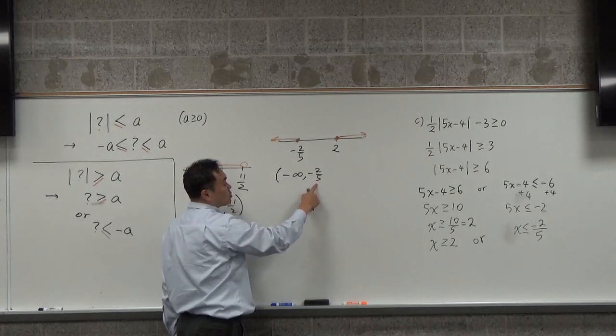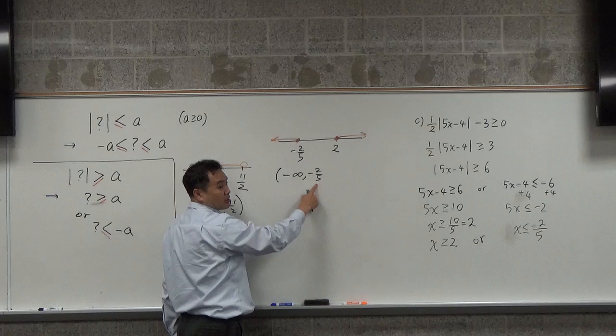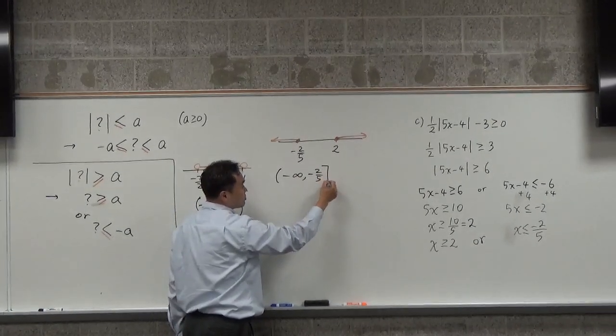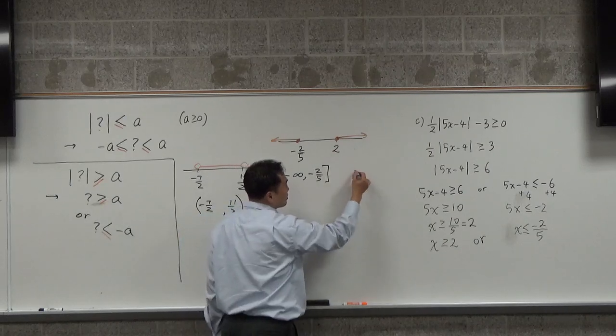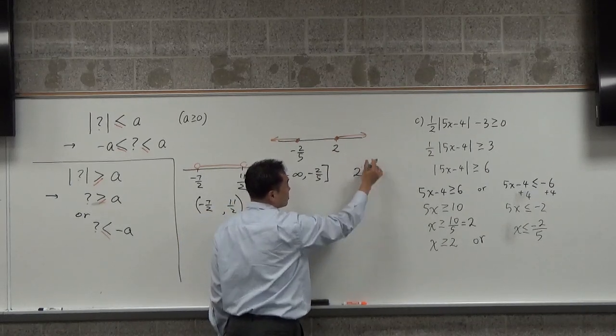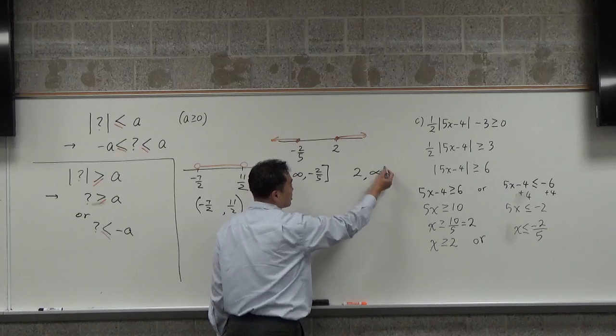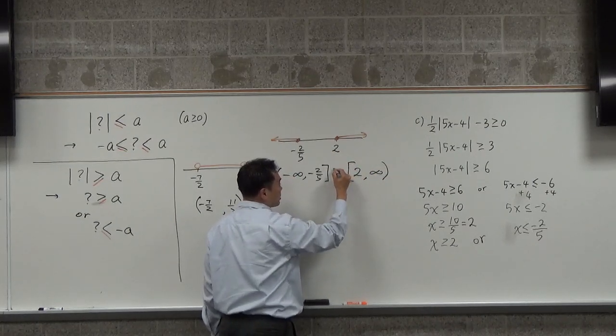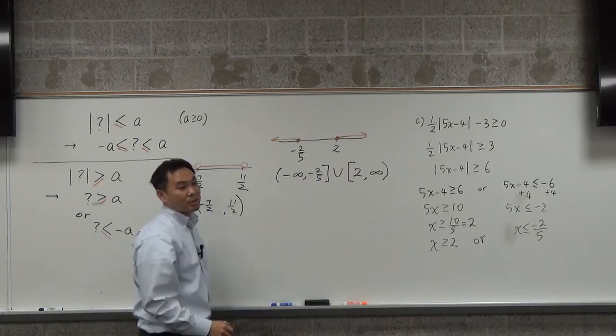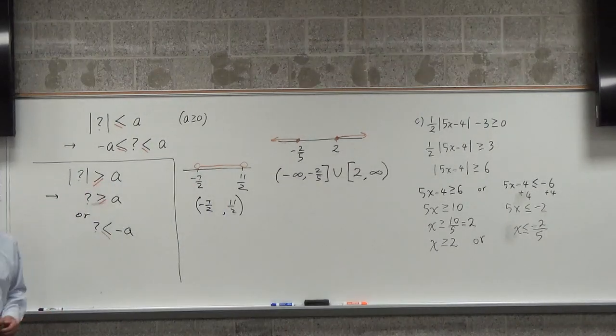How about negative 2 over 5? Round or square? The square one, because negative 2 over 5 is included, right? Here the second piece begins at 2 and goes till infinity, round for infinity, and 2 is included, so you use square, and you put the union. So that's the answer in terms of interval notation.